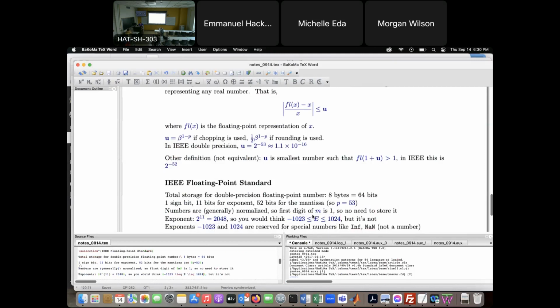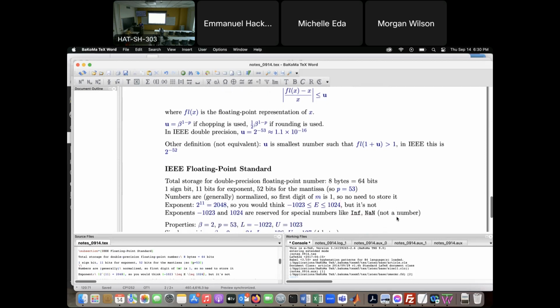But it's not. Earlier I told you the exponents were minus 1022 to 1023. So these extreme values are not allowed to be used as exponents. The reason is IEEE has decreed that when exponents correspond to these values, that's for special cases like inf or NaN, so they're not included in the range of allowed exponents.